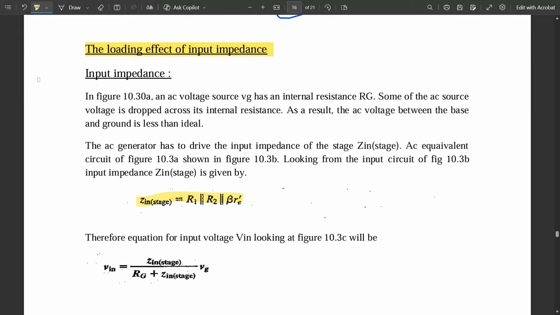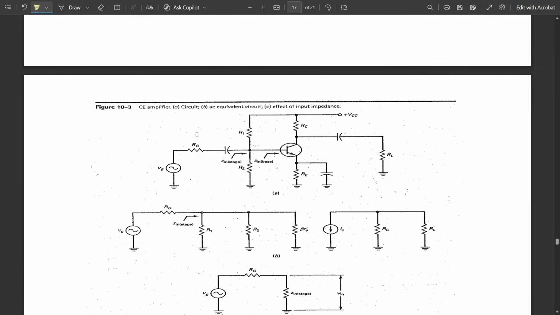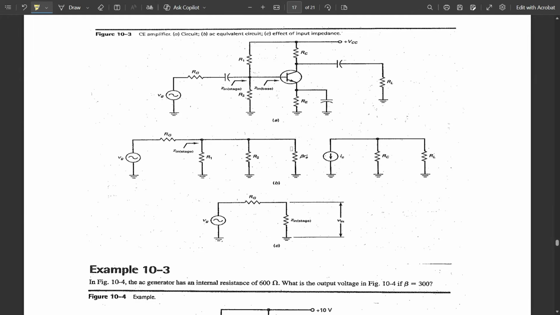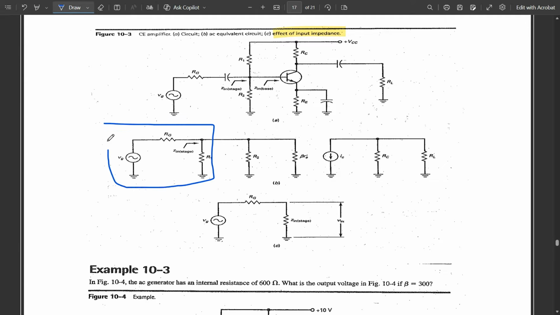Okay, input impedance. In figure 10.3a, which is a simple CE amplifier circuit in the DC part, and this is the AC equivalent circuit, and this is the effect on input impedance, that is 10.3c. We have considered only the half part of the circuit for the effect of this Z in stage input impedance.